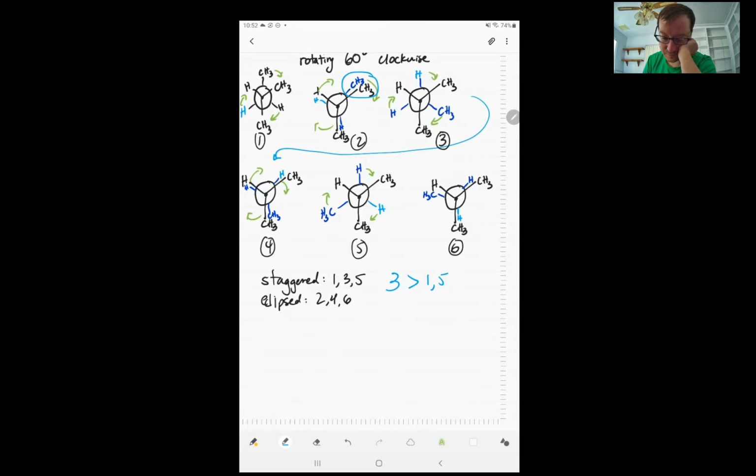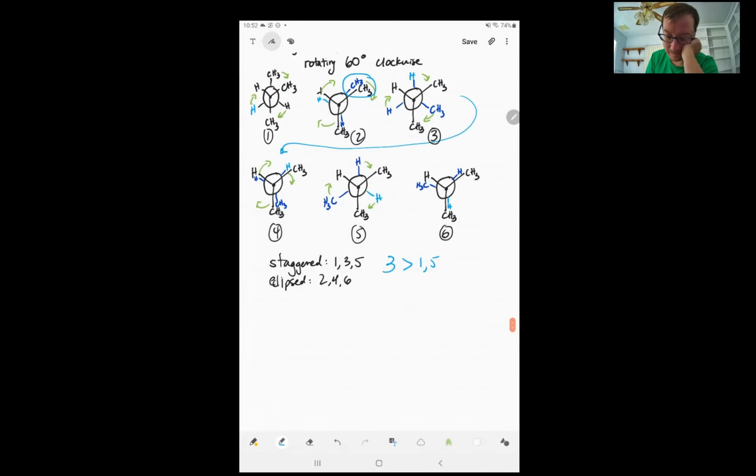If we look at number 4, we have 1 methyl-methyl. In fact, 2 and 4 are the same. They have the same type of interactions: 1 methyl-methyl, 1 H-methyl, and then 1 HH. Number 6, though, has 3 H-methyls. We have 0 methyl-methyls, and 3 H-methyls.